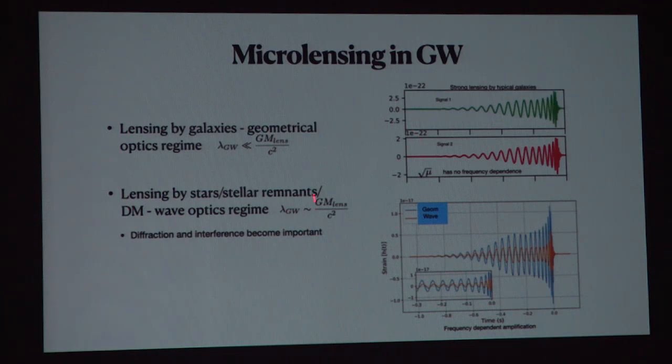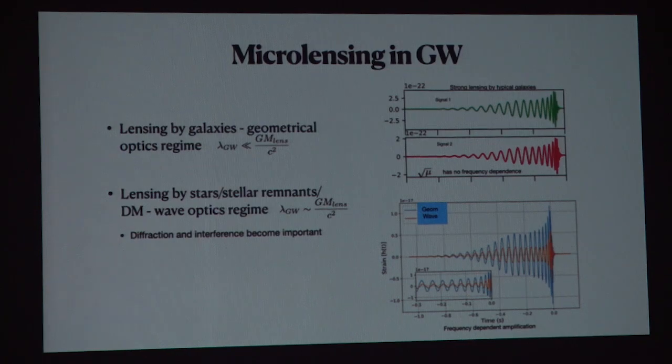The one difference when we talk about microlensing in gravitational waves is that when you're discussing strong lensing effects, we expect the lensing magnification to be just a single factor, and so one gravitational wave signal will just be a shifted version of the other signal.